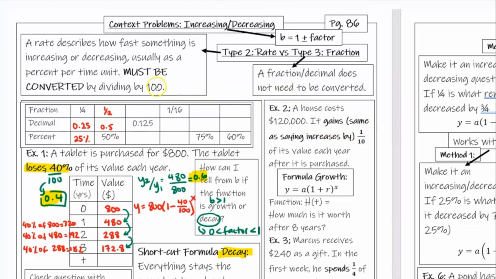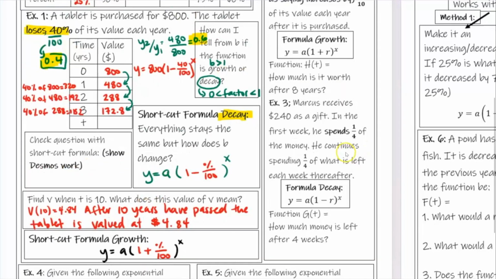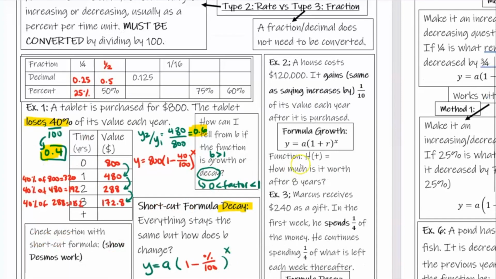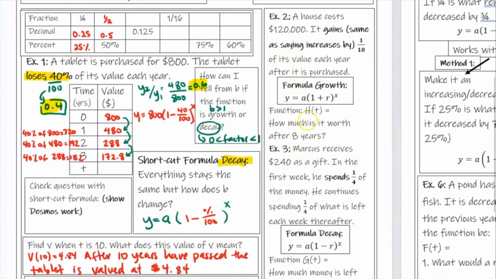Well, remember the only thing that has to be converted is percent by dividing by 100. If you have a fraction or a decimal, it does not need to be converted. So this is going to be 1 plus 1 over 10. And the same thing is if you have a decimal, this is not a decimal. But if you had 0.1, you would just say 1 plus 0.1. You just literally just type in what it is. The only thing that needs to be converted is percent. So go ahead and do example 2 and 3, and let's see how you do on those. Let's practice.